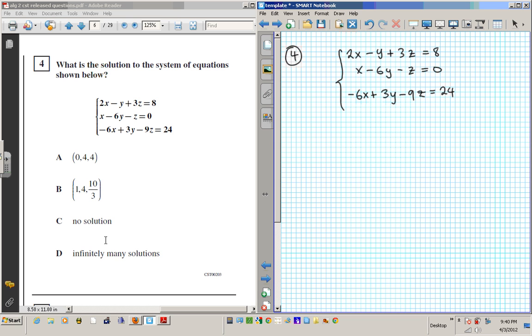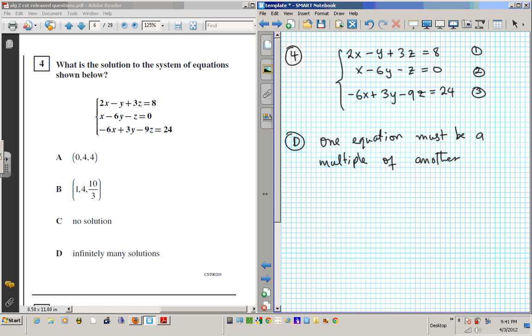Infinitely many solutions means that one equation is going to be a multiple of the other. So for D, one equation must be a multiple of another. Okay, what on earth does this mean? This is equation 1, 2, 3.